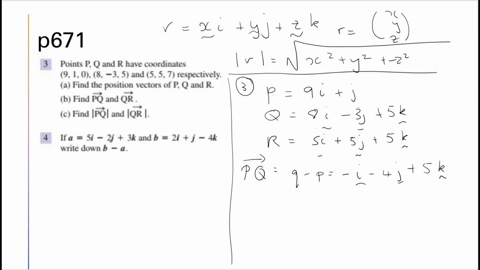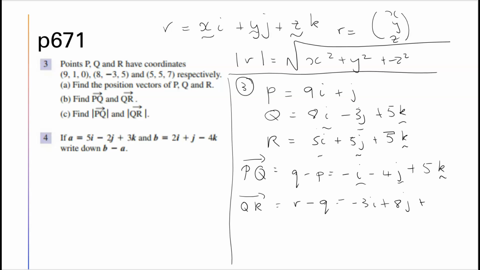And if we're going to look at QR, that's going to be R minus Q. And again, you can do the arithmetic. 5 minus 8 is negative 3. 5 minus 3 is plus 8. And actually, I have missed that.